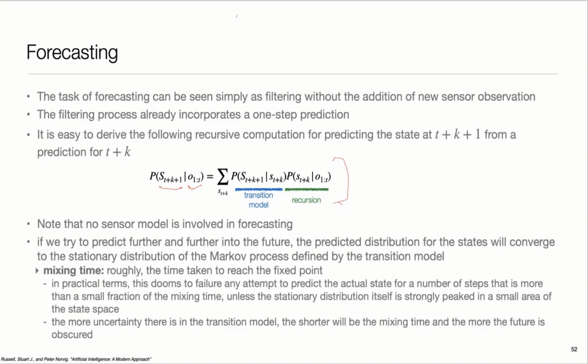One thing that happens in these systems is the following. Let's say I'm trying to forecast way out in the future. Let's say I've made observations until time step 100, and then I stopped getting any observation. For a little bit, my observations are still valid.